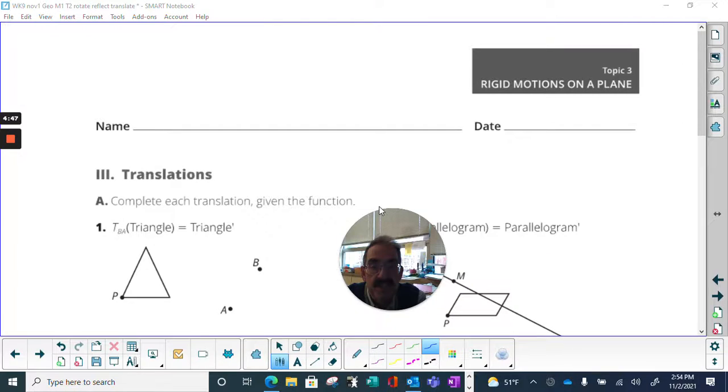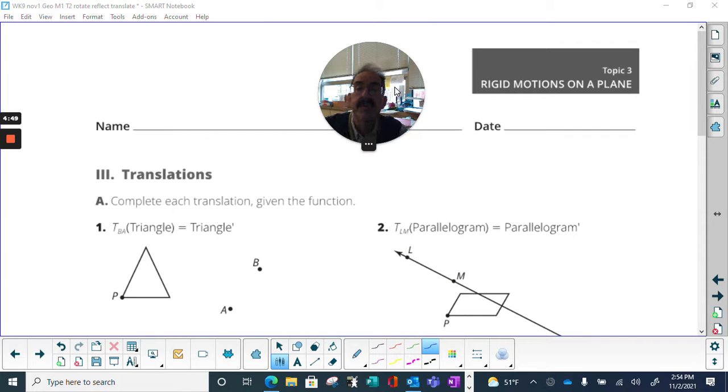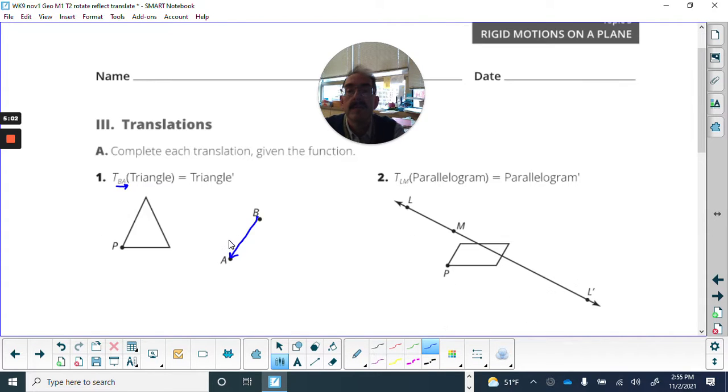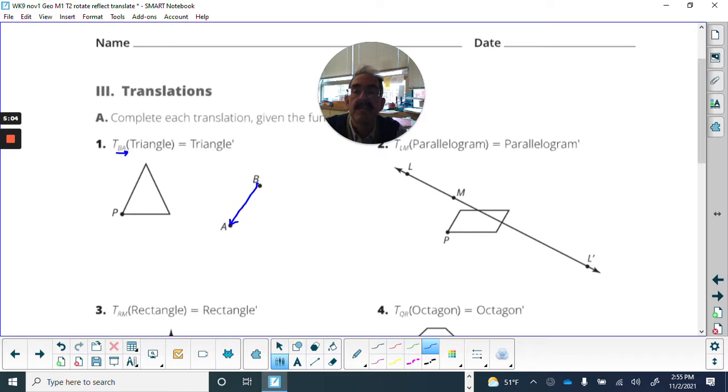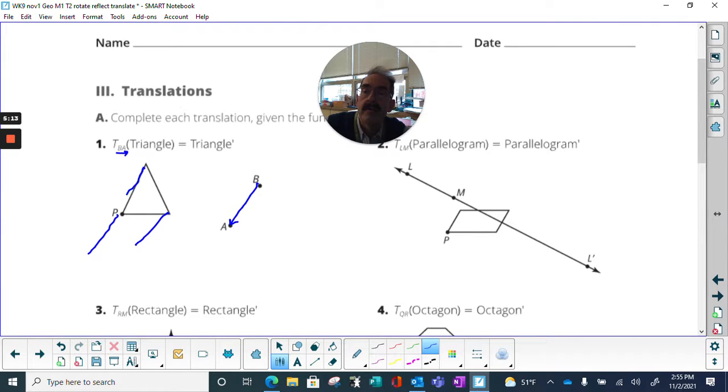So I'm going to do one on each of the problems. Okay, so this is a translation. Now in order to do a translation, it's capital T, and we're going to go from B toward A, the triangle. So complete each with the given function. So we're going to translate this down an amount, and then we'll redraw it.